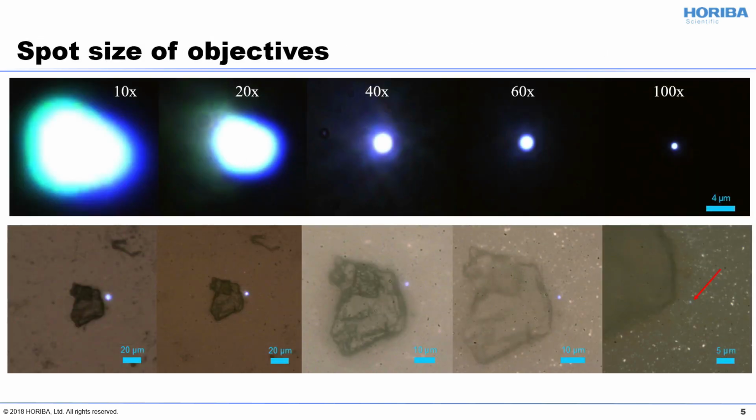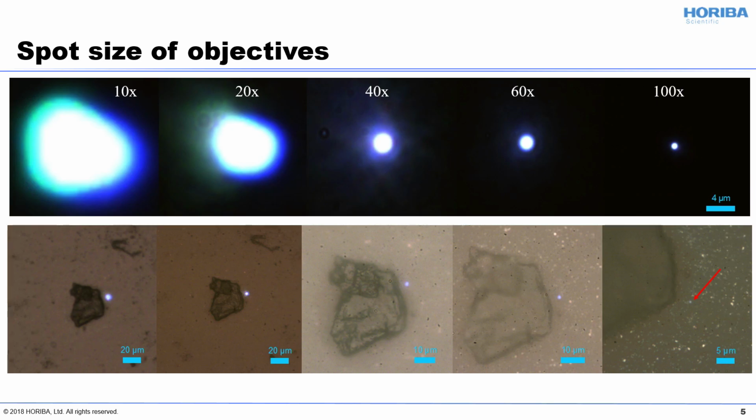So here shows the spot size on different samples. The top is on a silicon sample under different objectives from 10x to 100x respectively. The spot size can be as small as 1 micron.